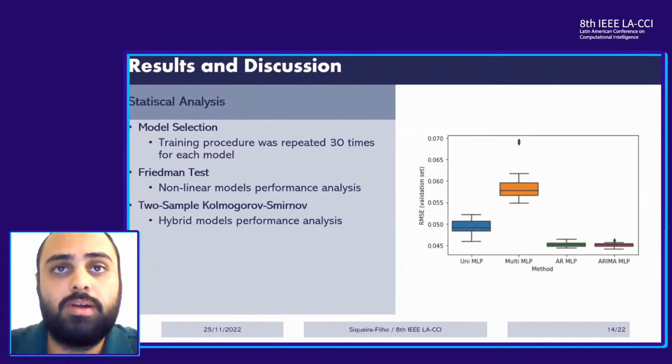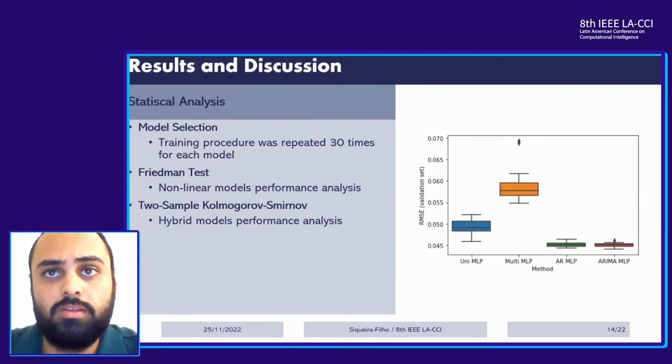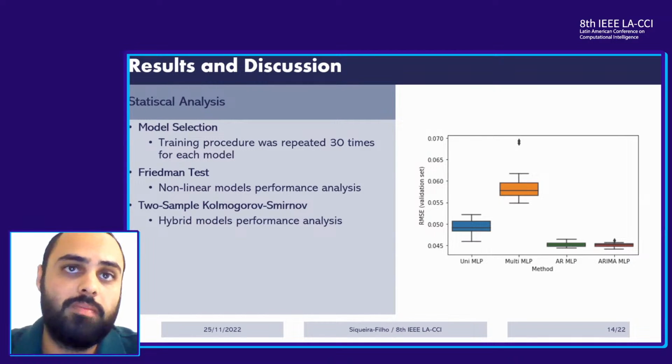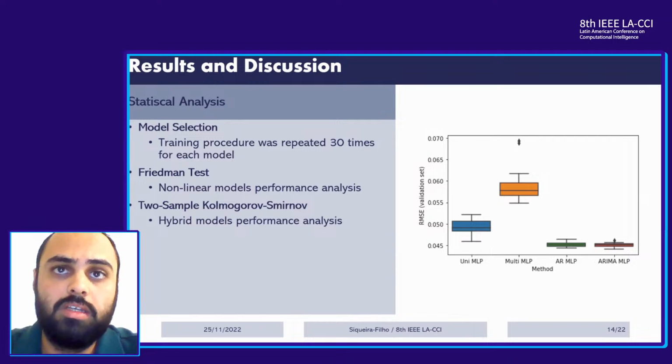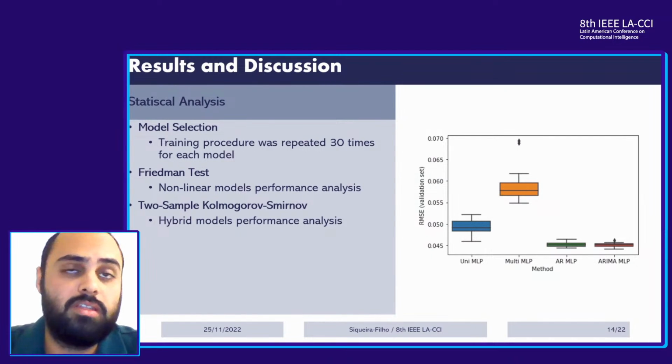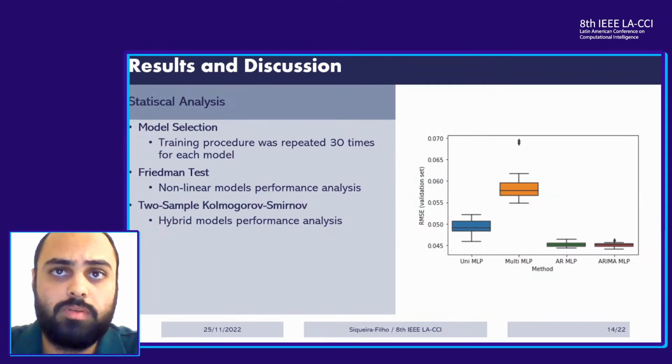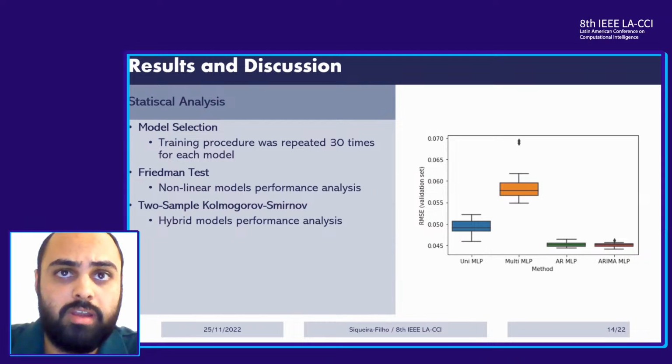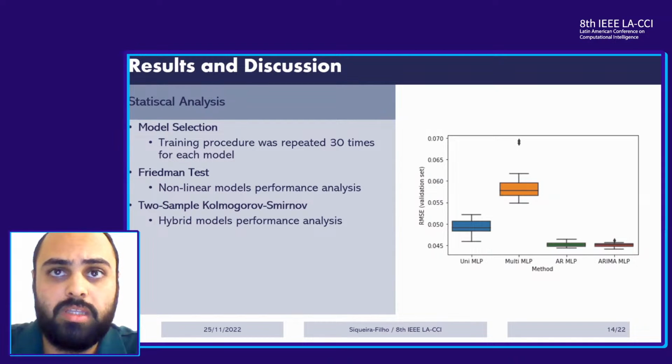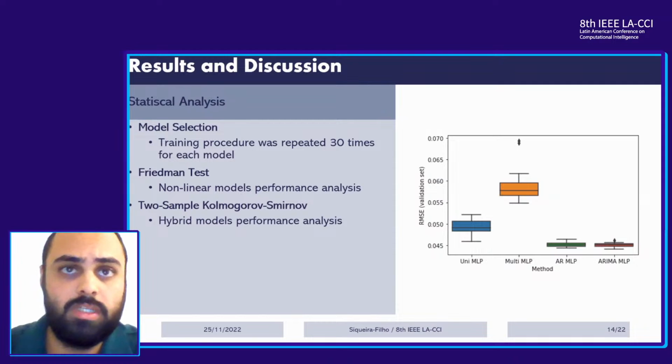Regarding statistical analysis, we simulated the nonlinear models 30 times in the validation set to analyze whether or not there was a statistically significant difference between the neural network models. Visually speaking, in the graph, it's clear that the multivariate MLP model responded worse than the univariate MLP model.